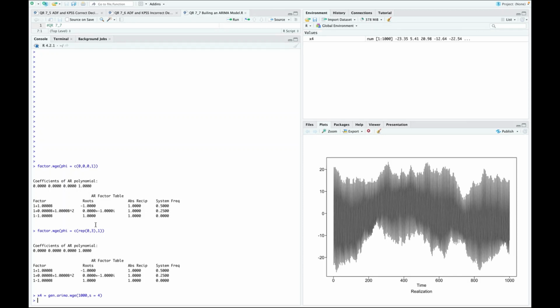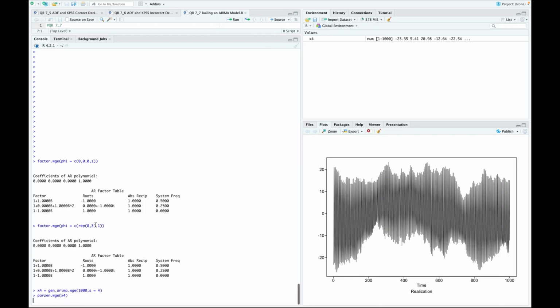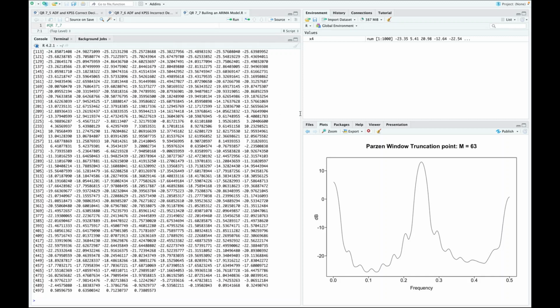So that's one realization from an s equals 4, but what does the spectral density look like? If we looked at parzen.wge with x4, it would do something like this. And notice we see that it's got a peak at 0, a peak at 0.25, and a peak at 0.5.